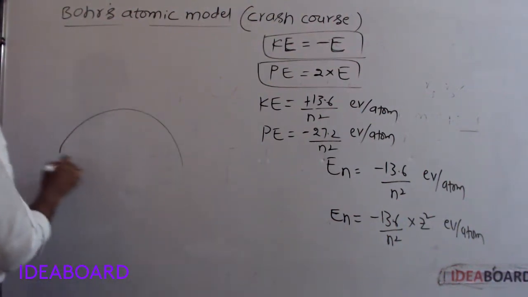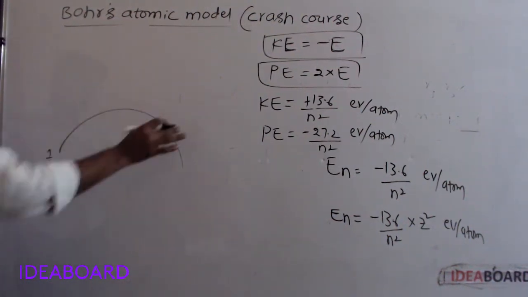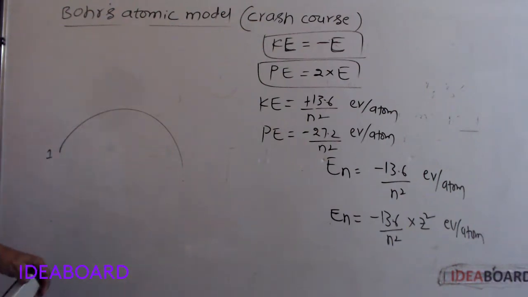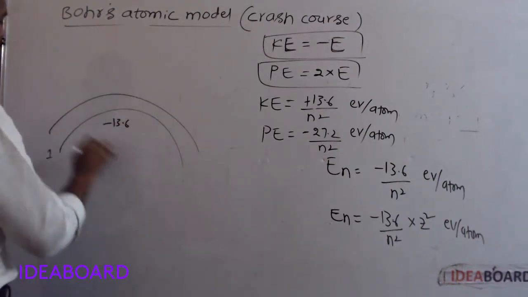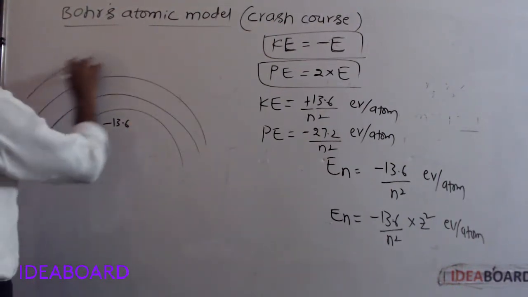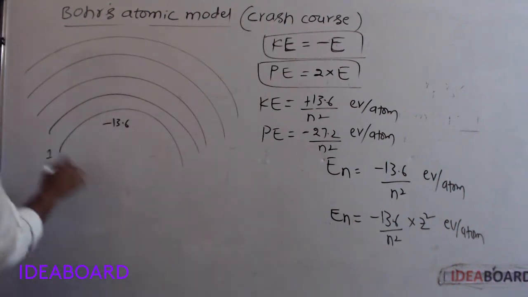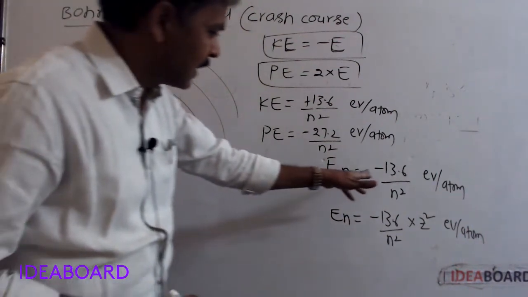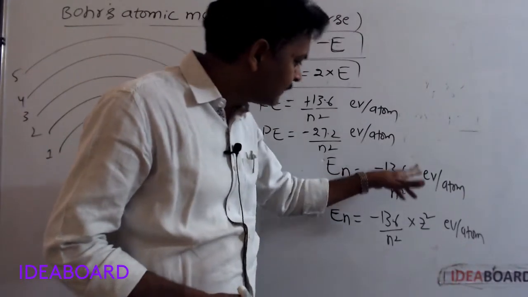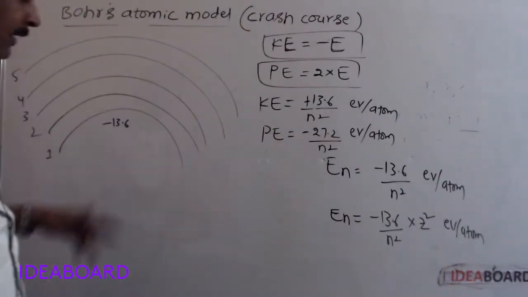The energy of the first orbit of hydrogen is minus 13.6. This is the second orbit, third orbit, fourth orbit, fifth orbit. Energy of the first orbit of hydrogen is minus 13.6 by 1 square, minus 13.6.